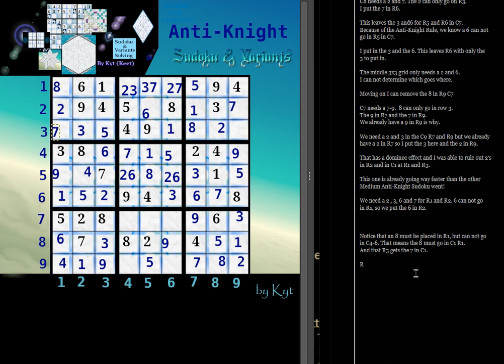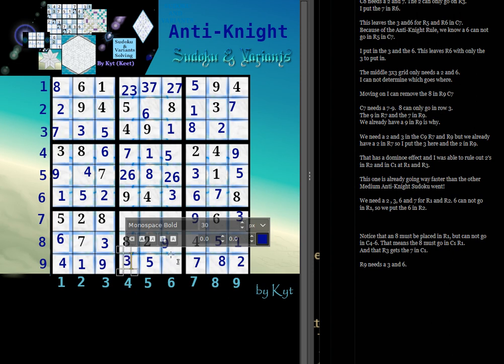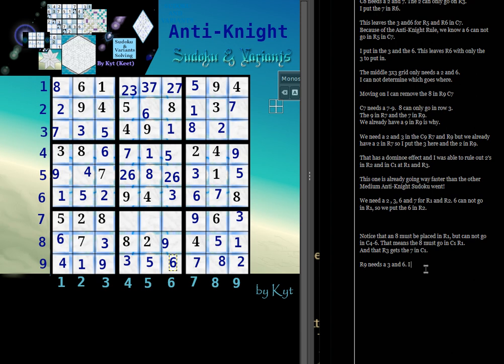Now row 9 needs a 3 and 6. I can only put the 3 in column 4, and so the 6 goes in column 6.